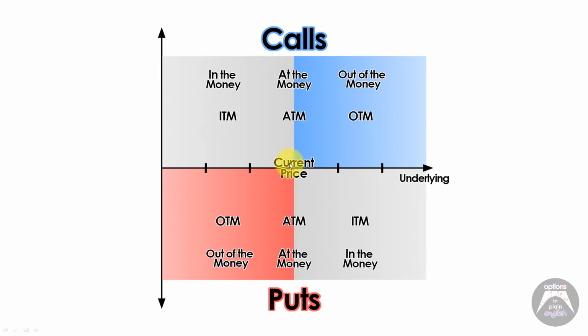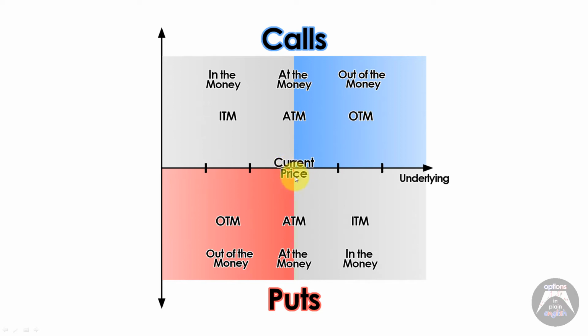Of course, sometimes the $70 strike is not going to be available. If the price is $69.50, for example, and there is no $69.50 strike, then we would go to the strike that is the closest to the current price, and that's going to be called the at the money strike.